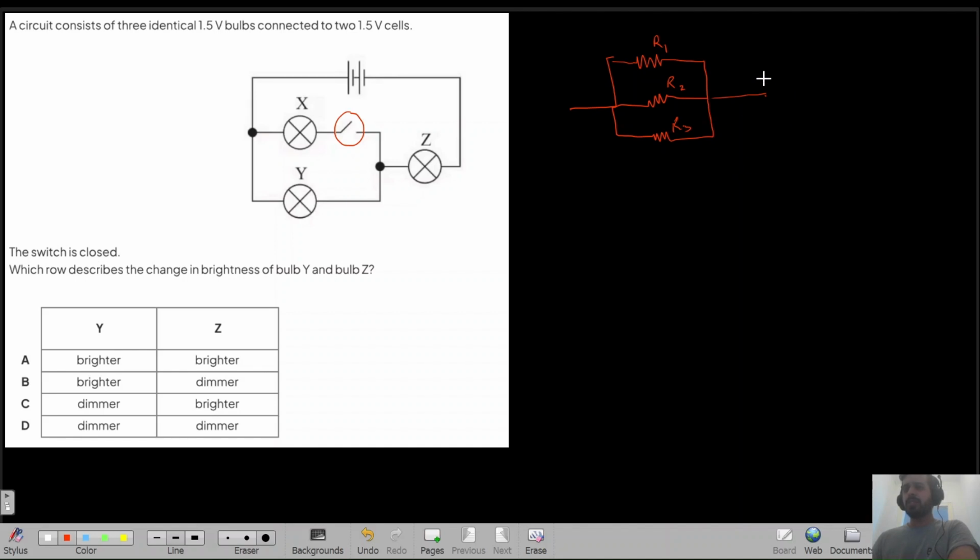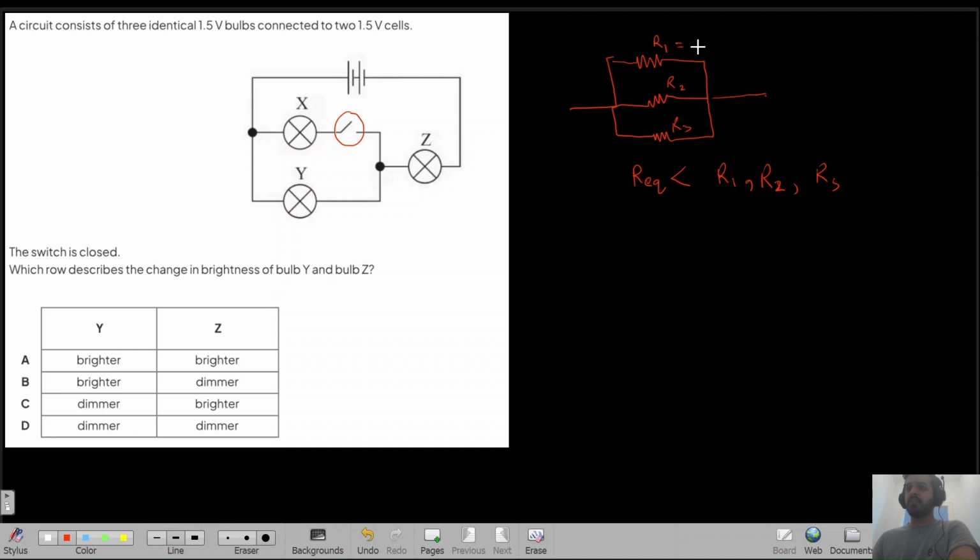You should always remember that the equivalent resistance of this parallel circuit will always be smaller than R1 or R2 or R3.